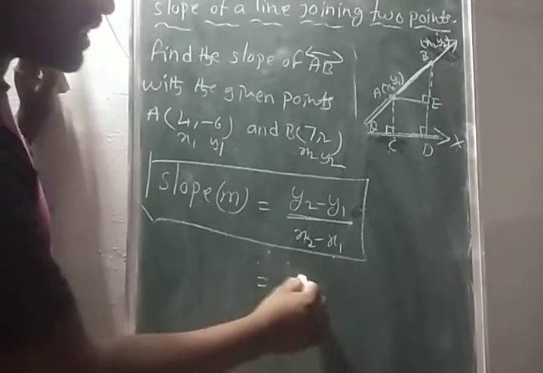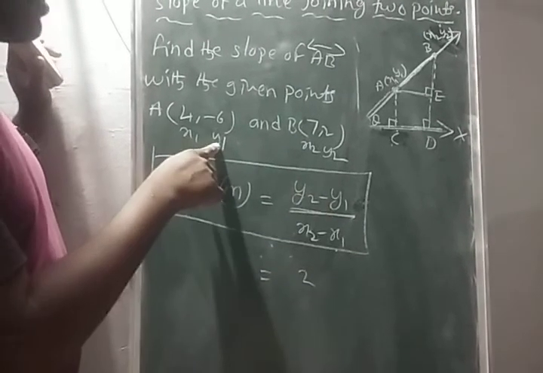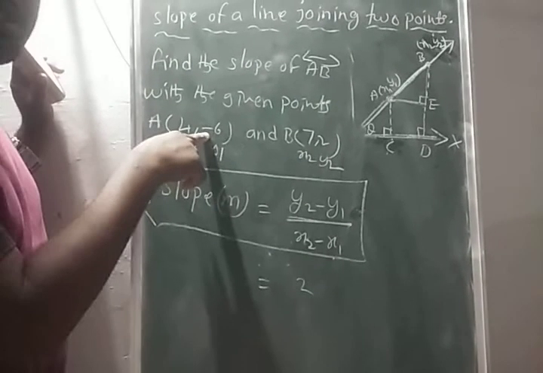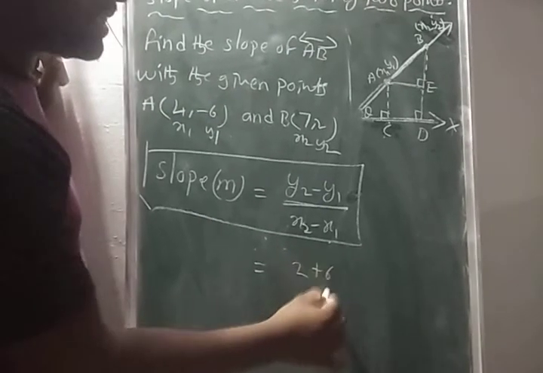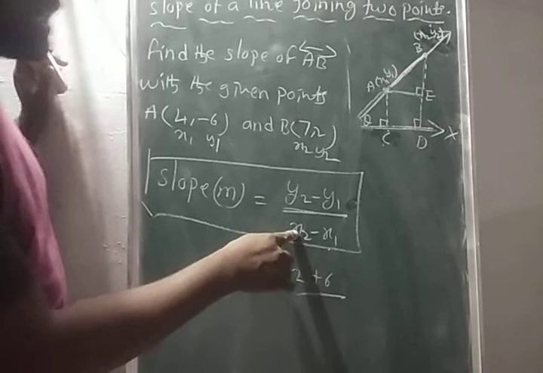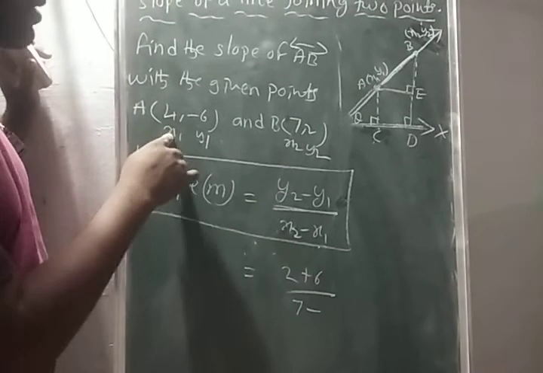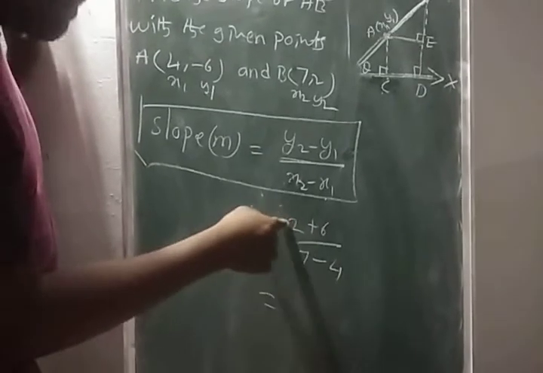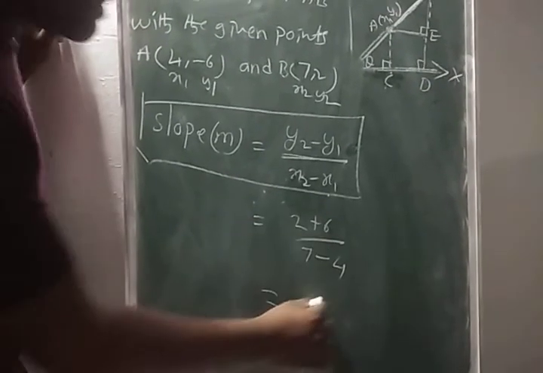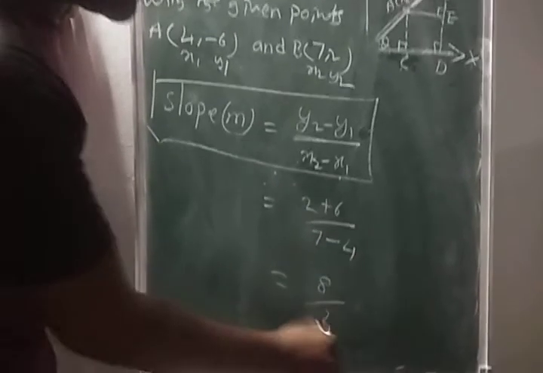y2 means 2, already in the formula minus is there, but y1 means what? -6. Then minus of minus means we can write it as plus, by x2 which is 7 minus x1 which is 4. Then we get 2 plus 6, that is equal to 8 by 7 minus 4, that is 3.